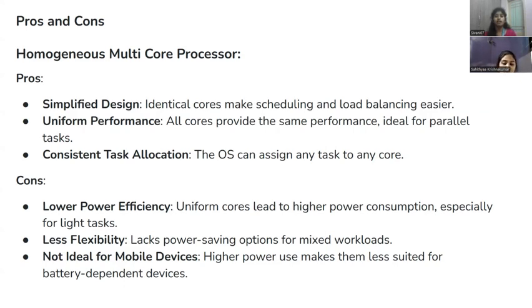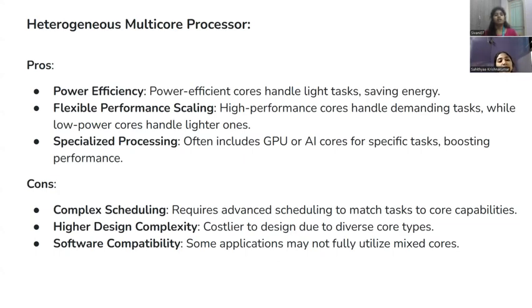Then speaking about the heterogeneous multi-core processor, the pros, the advantages of the heterogeneous, it's power efficient. Cores handle light tasks, which saves energy. By offloading these less demanding tasks to lower power cores, the overall energy consumption is reduced, extending the battery life.